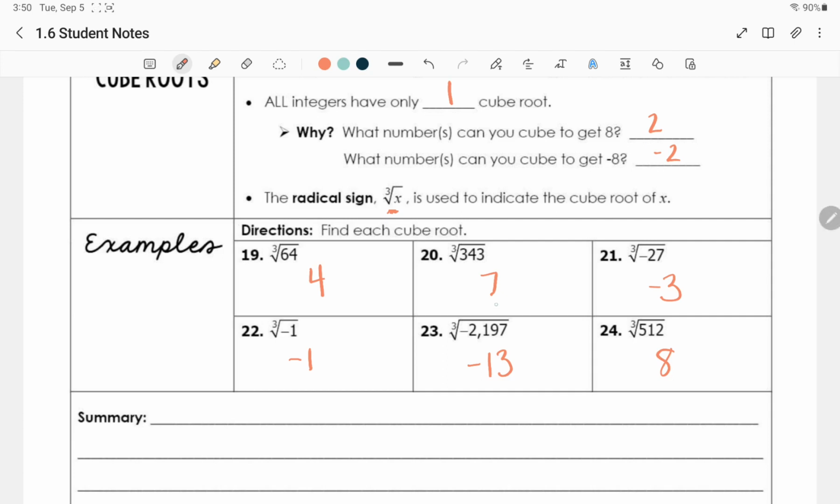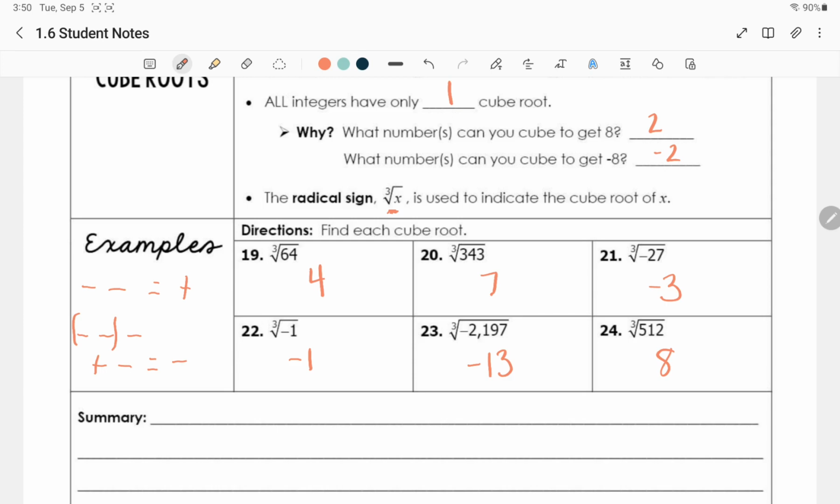But if you multiply something 3 times, right, then you can get a negative symbol, right? 2 negatives multiplied together equals a positive, but 3 negatives, right? These 2 would be positive times a negative would equal a negative. That's why you can have the negative symbol underneath the radical sign.